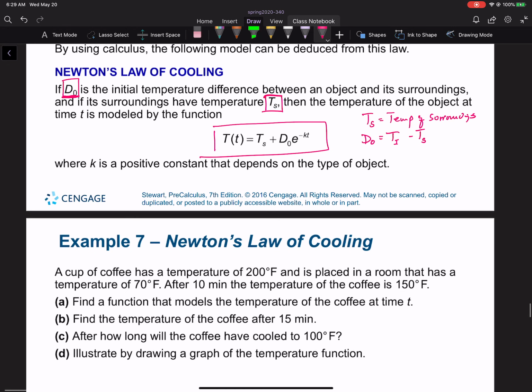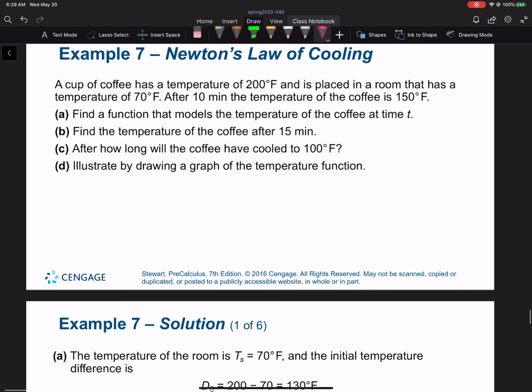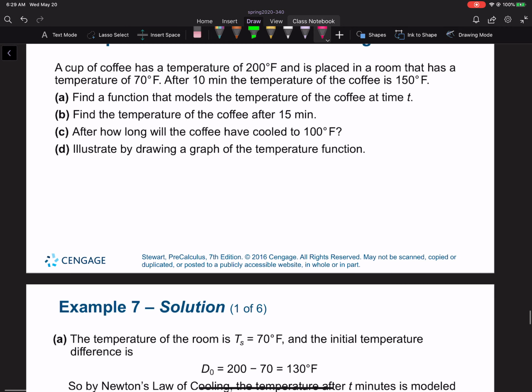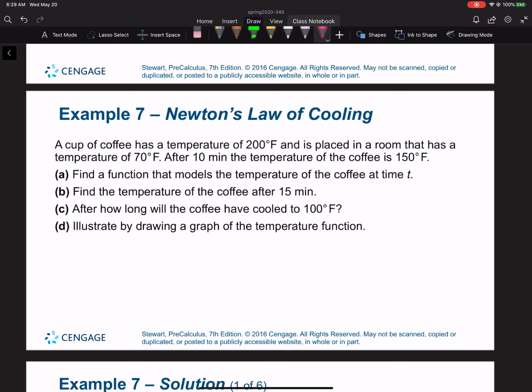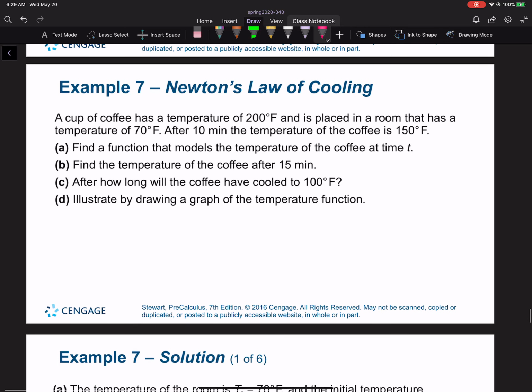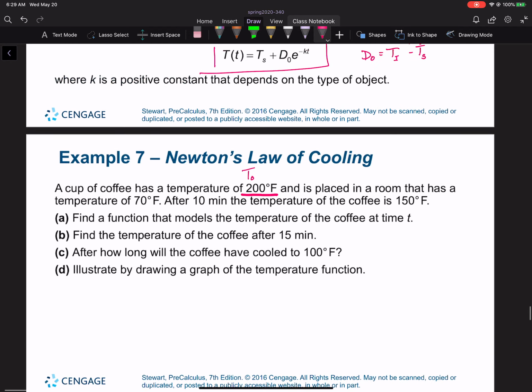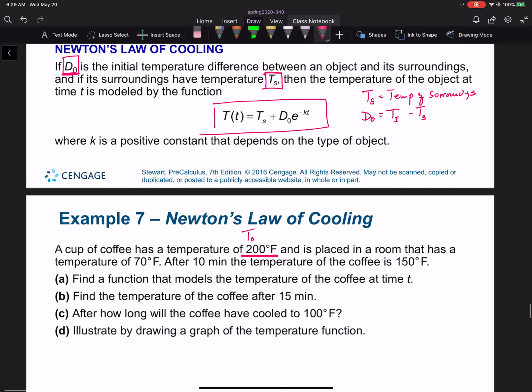The best way to do this is to go through an example. It says a cup of coffee has a temperature of 200 Fahrenheit. So this is the initial temperature of the object, To.